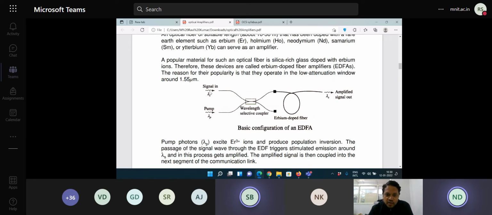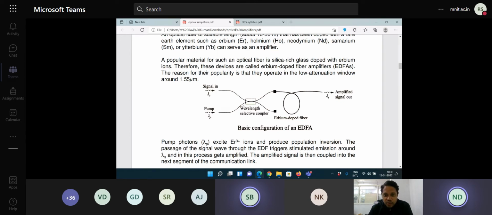You should mark here that the wavelength of this pump signal is different from the wavelength of the optical input. Usually, as we have seen here, 1.55 micrometer is the optical input here, and here I think it's about 1480 nanometers is the wavelength which is used here.